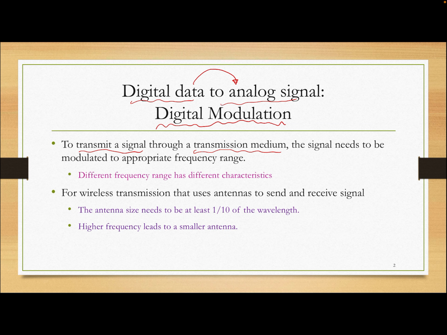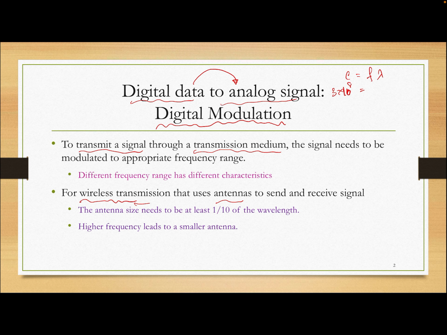Now, for example, for wireless communications, we will use the antenna to send and to receive the data. If you look at the formula, C equal to F lambda, where C is the speed of light, 3 times 10 to the 8 meters per second, and F is your frequency, and then lambda.